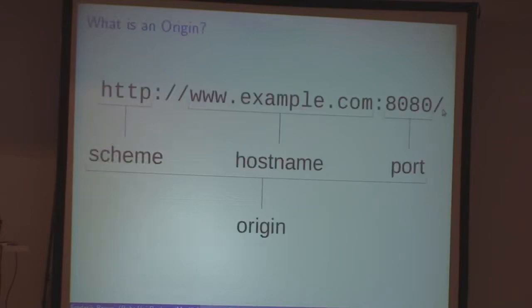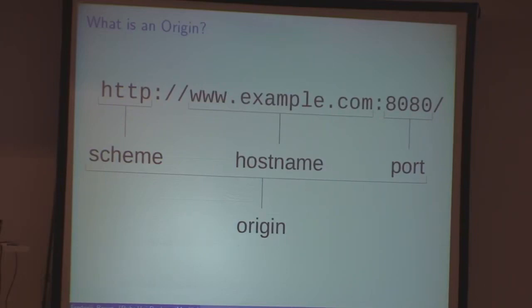So first of all, what is an origin? I think most of you know that an origin is the set of the scheme, the host name, and the port of a URI. So the origin is, so to say, an attribute of a web page that is supposed to only look at the URI. And it always compares for read access these three attributes of the URI.